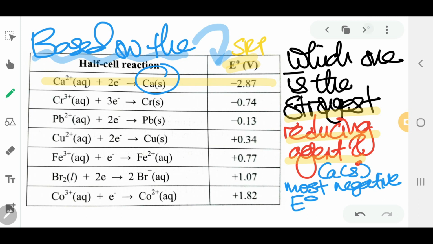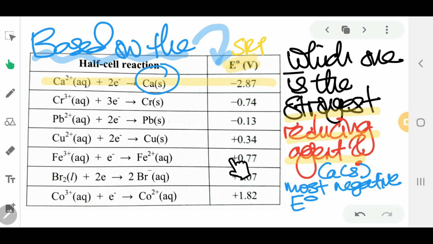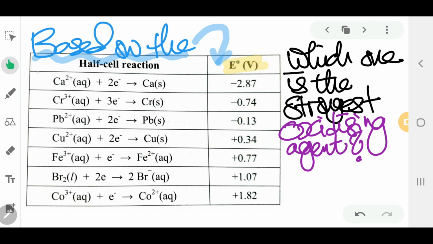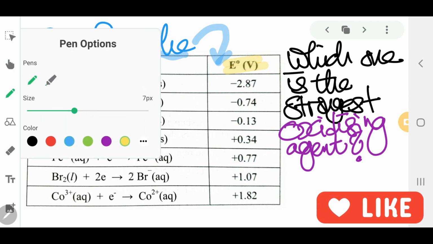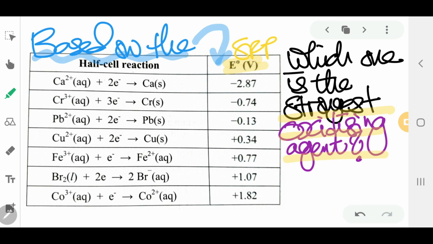E0. Now this question wants you to find which one is the strongest oxidizing agent. This is the opposite of what we had over here. Still, the E0 values given to you are in reduced form. All of these half cell reactions are for reduction. You have the SRP value, and you need to find the strongest oxidizing agent.